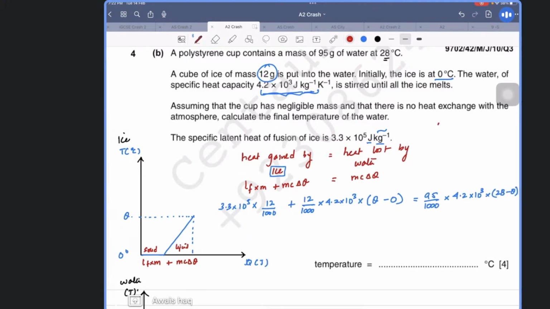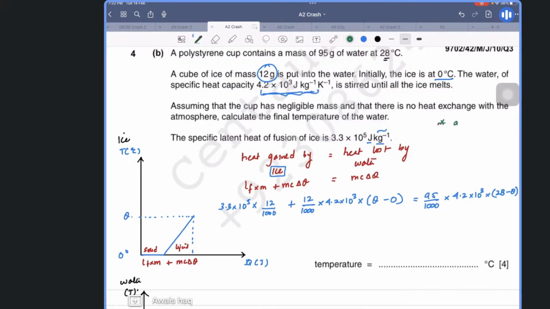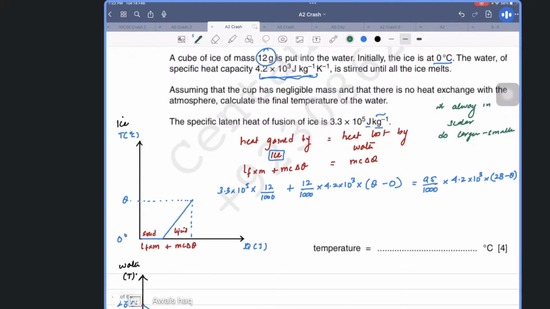Always remember that temperature is a scalar quantity, so with scalars always do larger minus smaller, and that way you will always get a positive value, because we don't need a direction, so the negative or positive sign doesn't really matter.